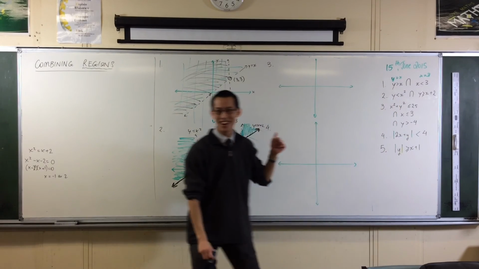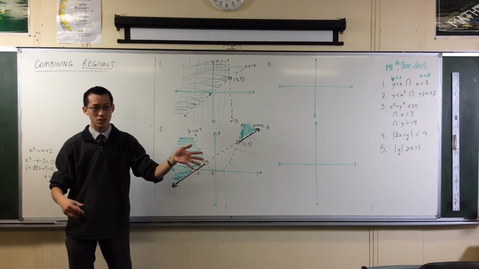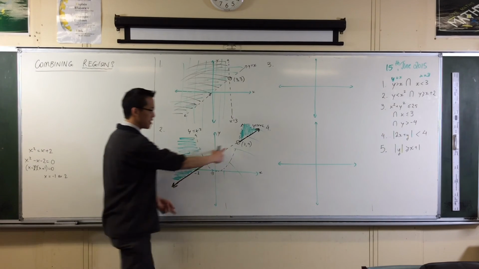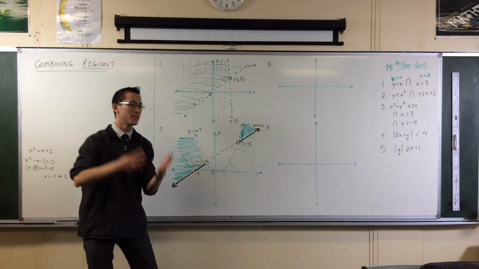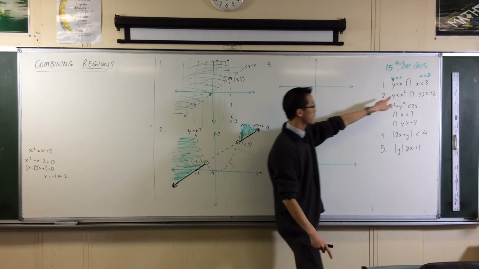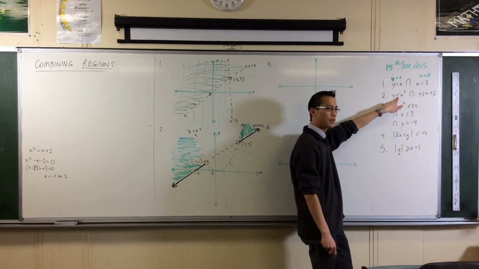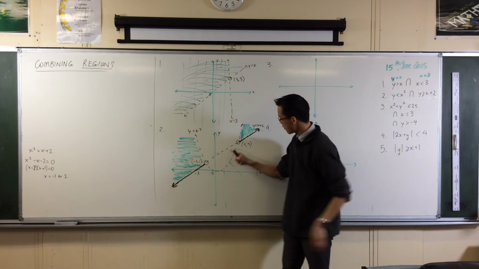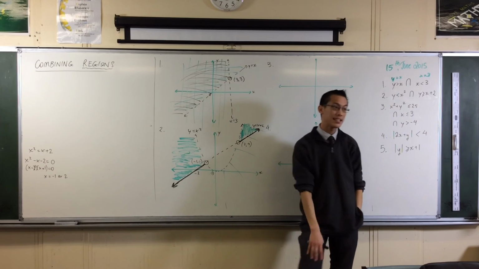Let's have a go at this one now. We've got a circle and 2 straight lines. Yes? Why didn't you fill in the center part? This part in here doesn't satisfy that inequality. It's not below the parabola, it's above the parabola. So this part of the line isn't actually part of the boundary.